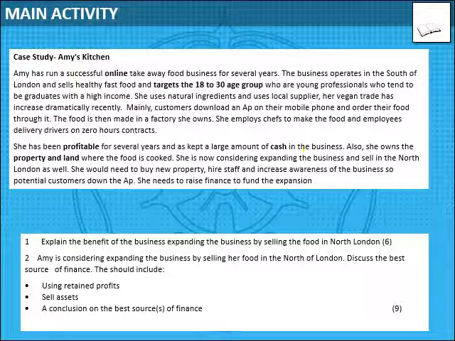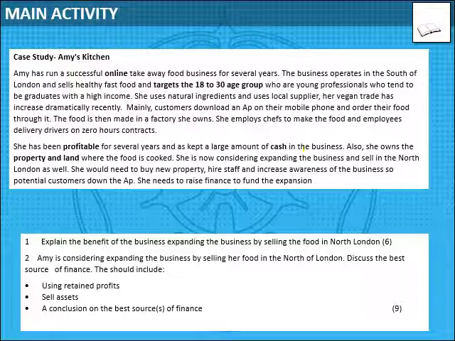So if you're struggling to develop an argument for this, then write down 2 points, 3 sentences each. So one benefit could be such and such, another benefit could be such and such, and then explain why it's a benefit.